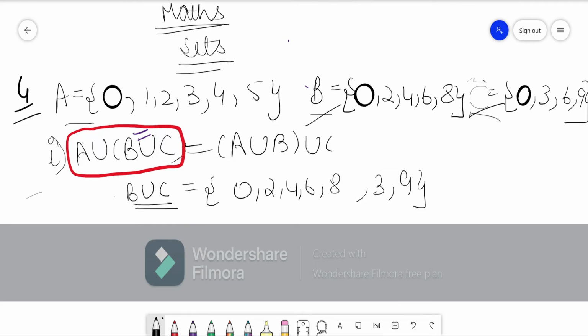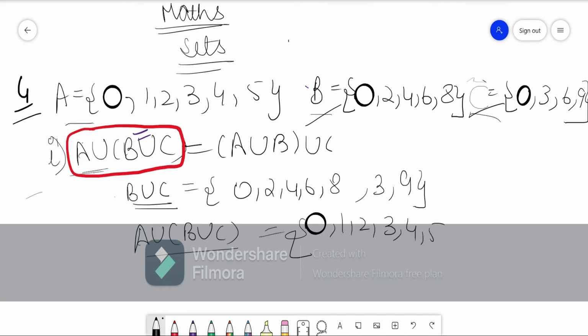Right. So first we find A union (B union C). So what is A union (B union C)? What is set A? 0, 1, 2, 3, 4, 5.